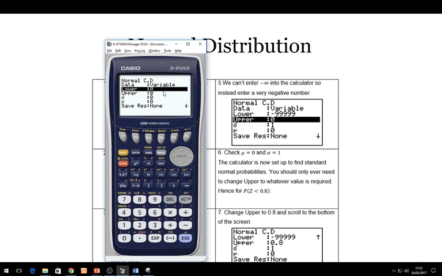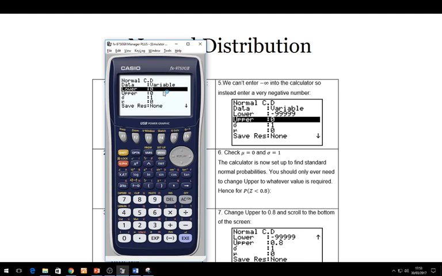Now the first thing is we're working only with our standard normal on the calculator, so that has a mean of 0 and a standard deviation of 1. So those two can go in now and should just stay fixed. The other thing that should stay fixed is your lower limit.